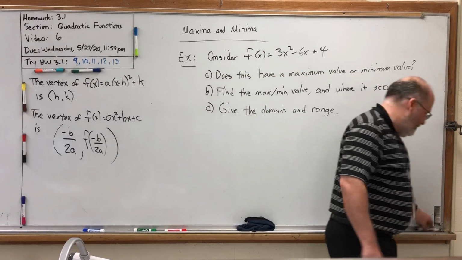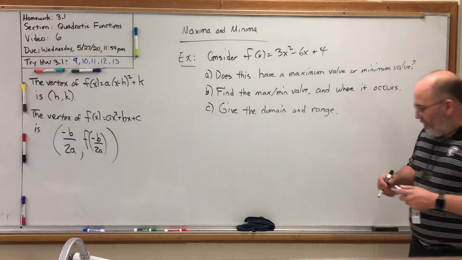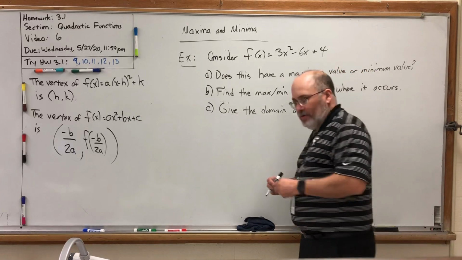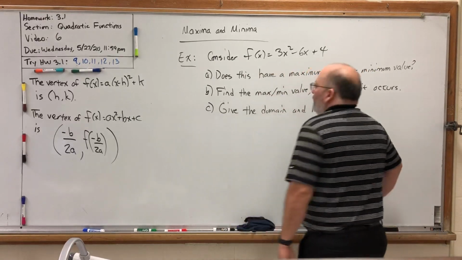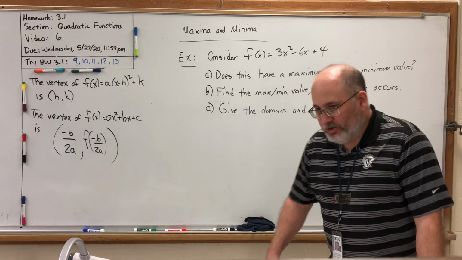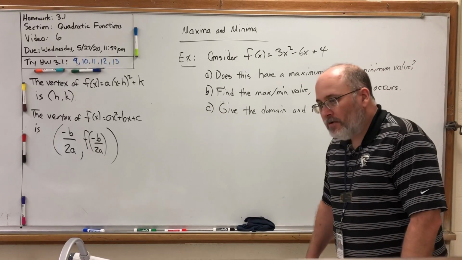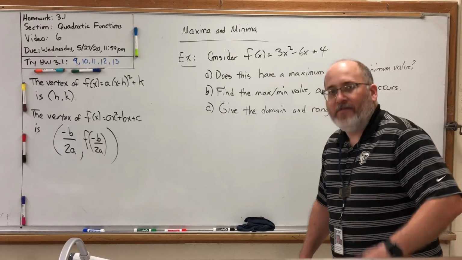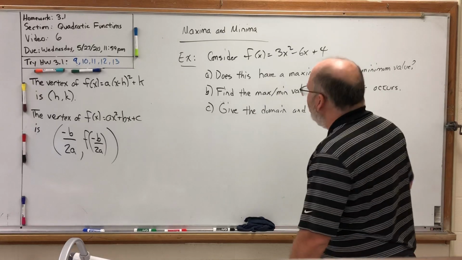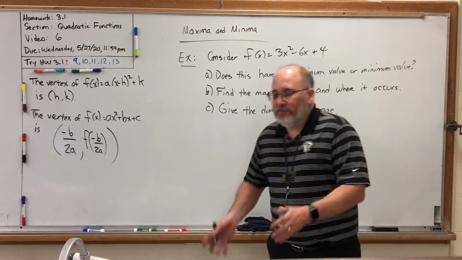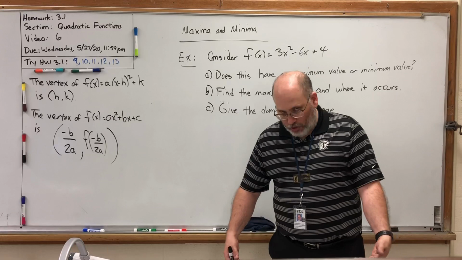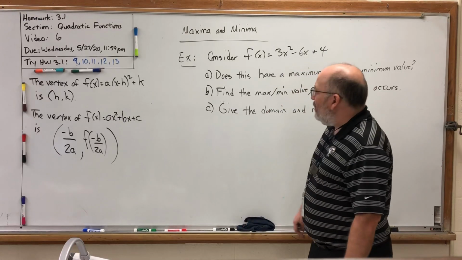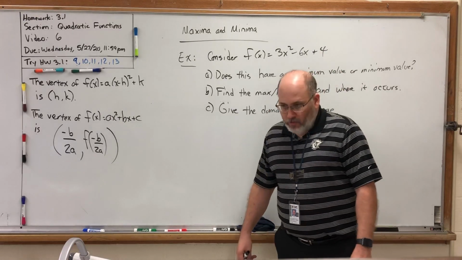Maxima and minima. Now those are words you may not be familiar with. You might think Maxima is just a model car. But as nouns, a maximum is a high point on a graph and a minimum is a low point on a graph. Maximum and minimum are singular. Maxima and minima are plural.